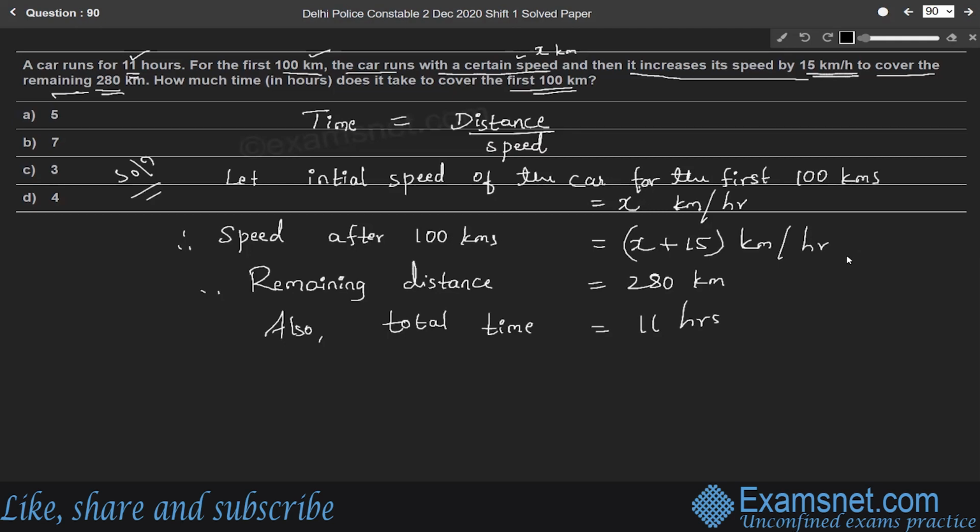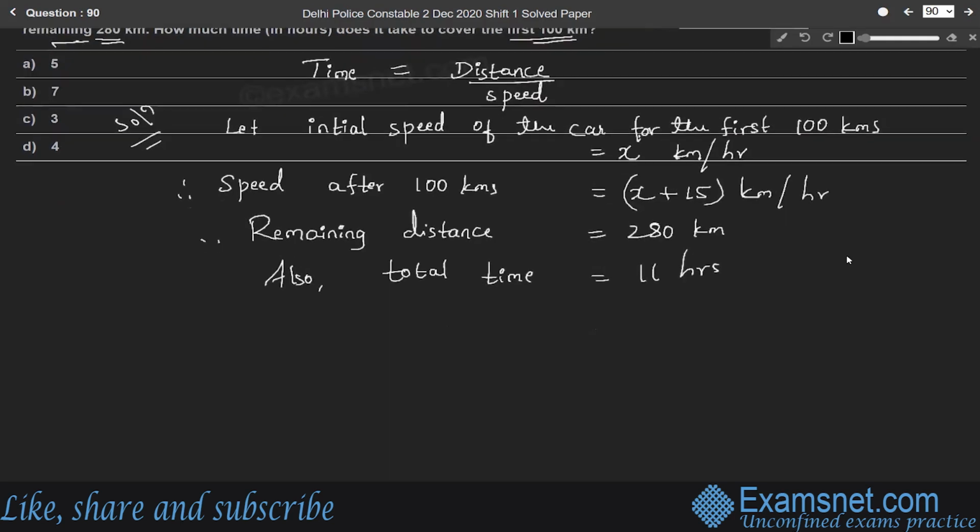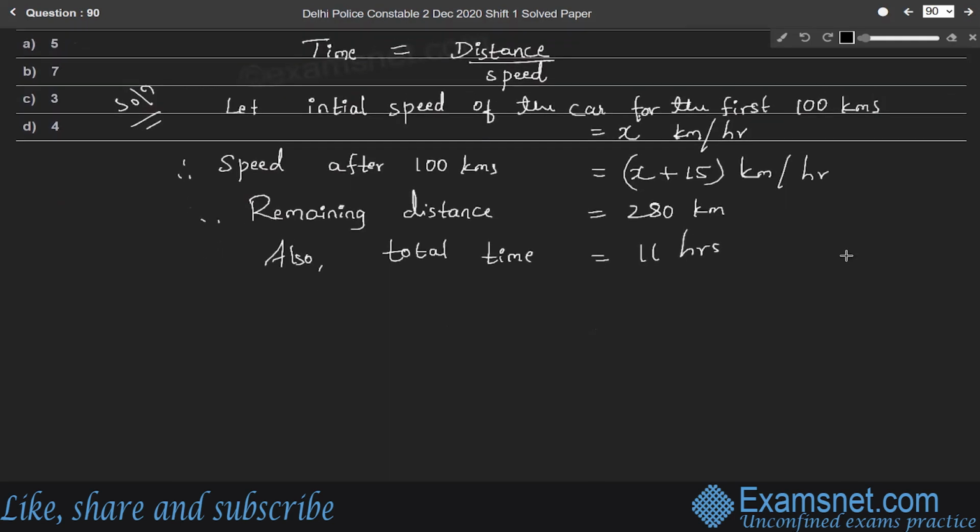So, what is total time here in terms of speed? So, total time is equal to time in first 100 kilometers plus time in remaining 280 kilometers.